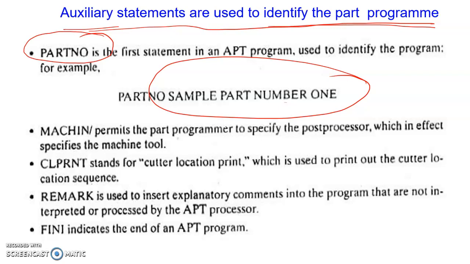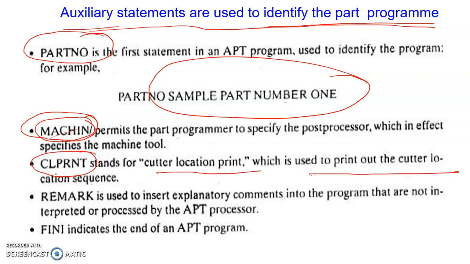Then machine means the selection of machine, which machine we have to select. That has to be given with letters like this, MACHIN. Then CL print stands for cutter location print, which is used to print out the cutter location sequences. If we need a printout, we can give this command in the program.